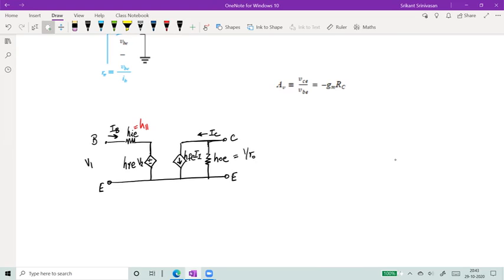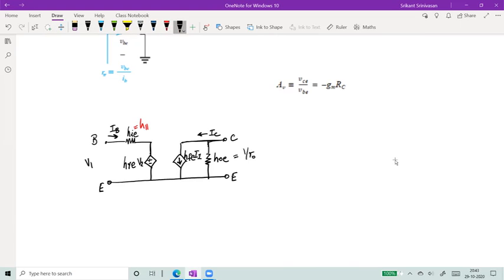Similarly, at the collector side, the current flowing into the collector is HFE, the current gain, times I base, and the output impedance is given as R naught, and HOE is 1 divided by R naught. So that's the output admittance.